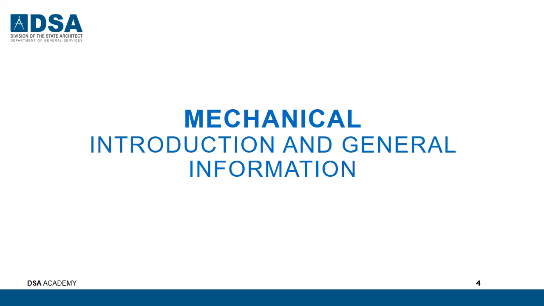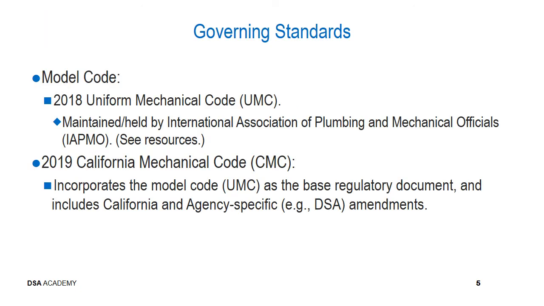The following several slides will be covering an introduction to the Mechanical Plumbing Code, as well as some general information relating to the CMC. The model code, or the base code, which is used for the basis for the California Mechanical Code, the 2019 version, is the 2018 version of the Uniform Mechanical Code.